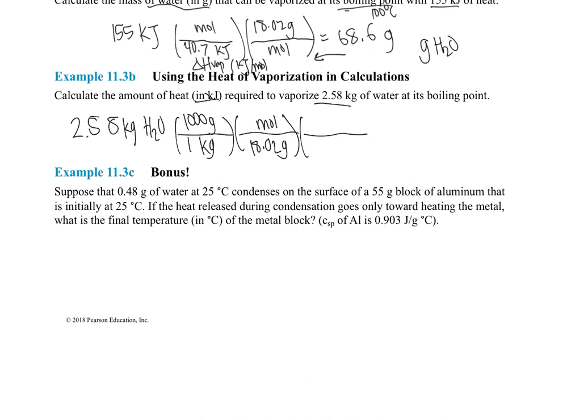And then I'm at boiling point, so my delta H vap is 40.7 kilojoules per mole. That ends up giving me a total of 5,830 kilojoules, so quite a bit. But we do have a lot more mass, so that makes sense.